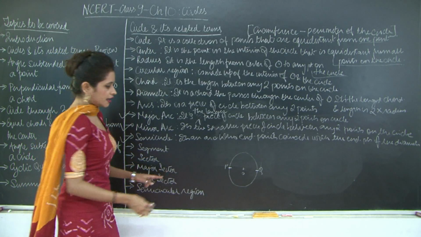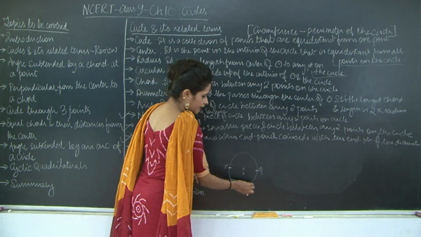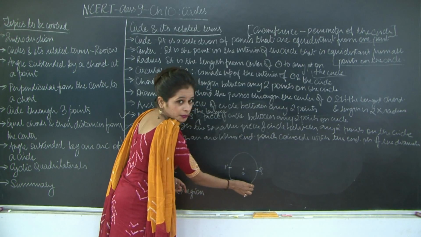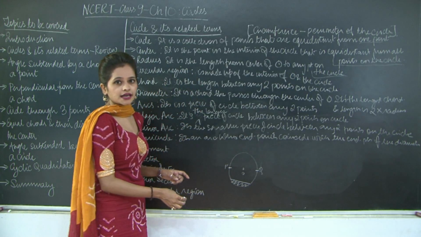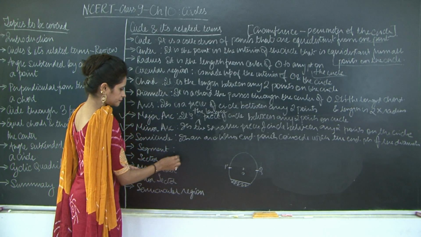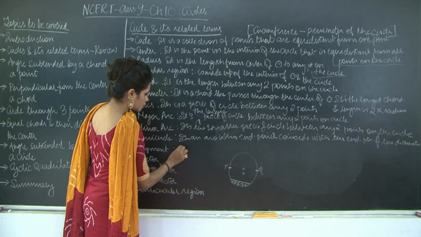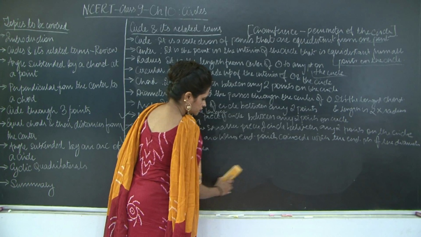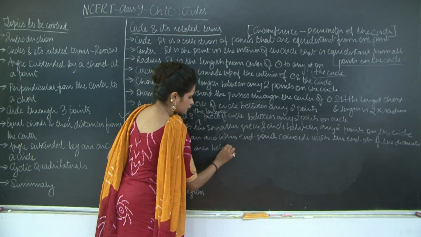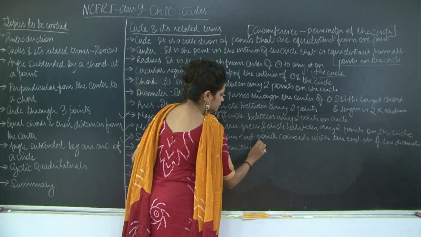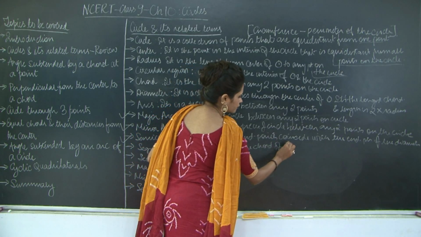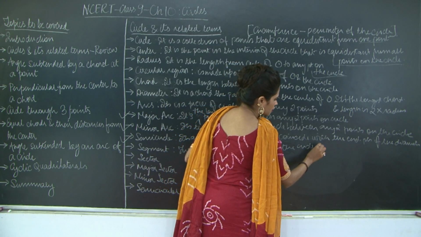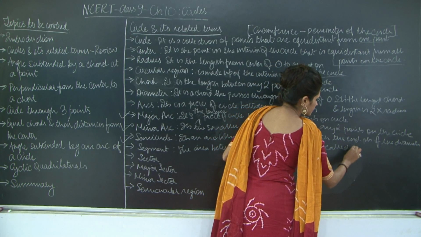Then we come to segment. Coming back to our chord out here, this space between the circle and the chord is known as a segment. So this area between the chord and the circle is called segment.